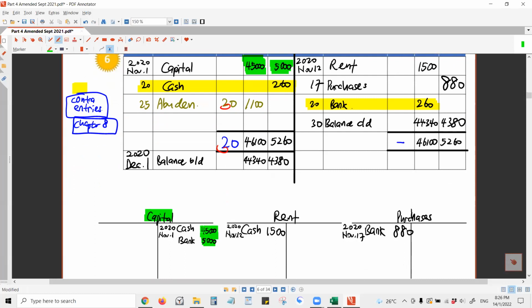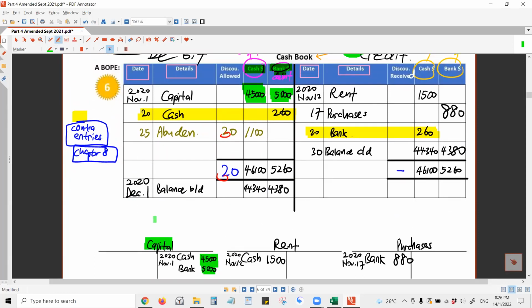Don't focus on the detail. The detail is the name of the other account. It means little. You focus on the position of the number and the name of the account. I have debited cash and bank and credited capital, the one in green color. Can you understand?